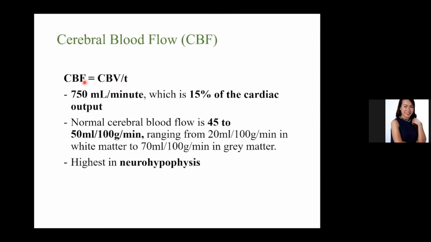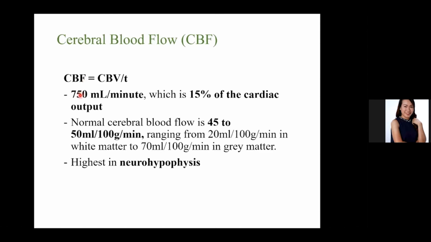Okay, so did we get it? Yes. So it means we are trying to measure how many ml of blood is being perfused to the brain per minute.